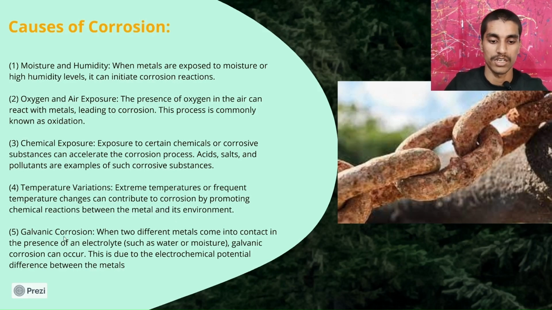The fifth one is galvanic corrosion. When two different metals come into contact in the presence of an electrolyte such as water or moisture, galvanic corrosion can occur. This is due to the electrochemical potential difference between the metals. So these are the five factors due to which corrosion happens.